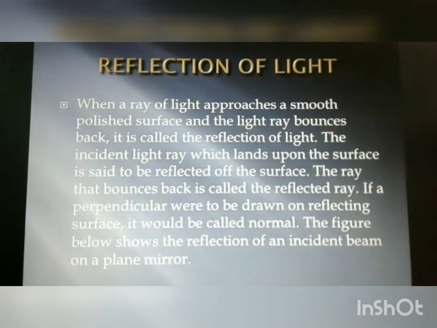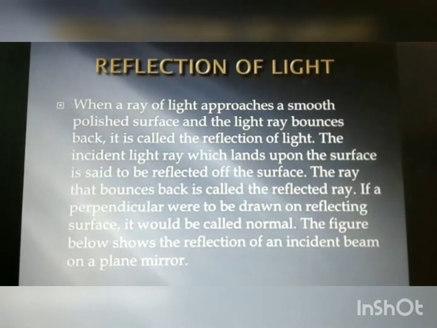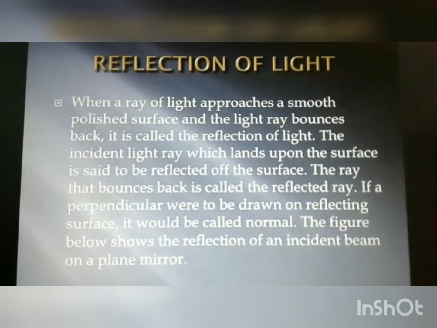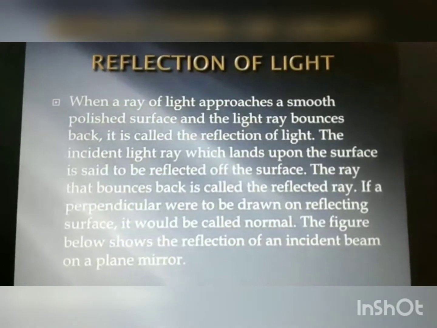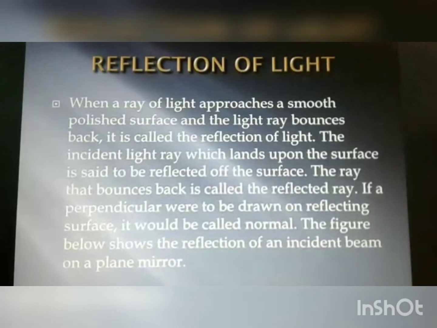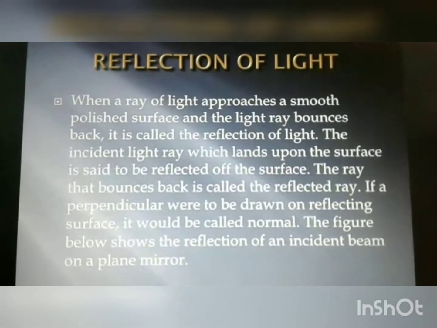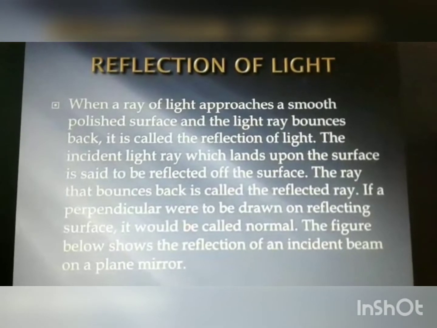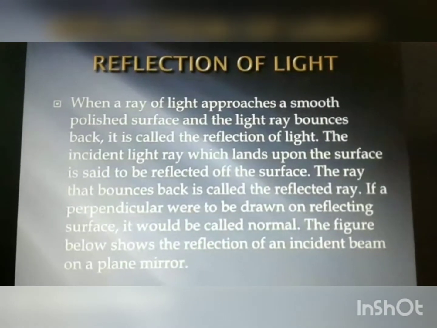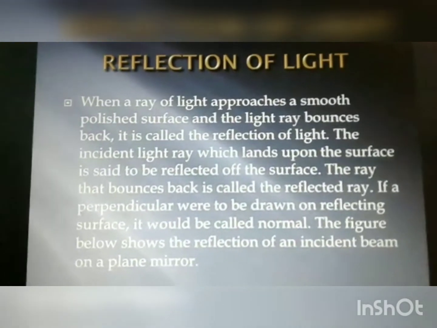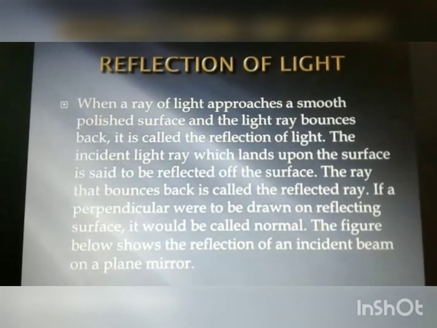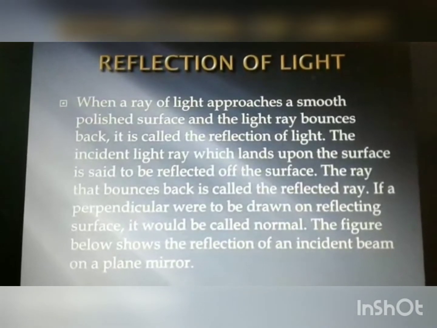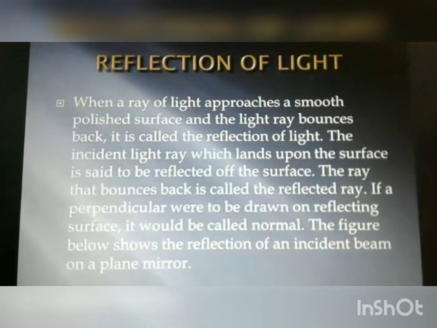Now next is reflection of light. See students, what is reflection of light? It's the phenomenon of returning the light from the surface of an object. Students, when a ray of light approaches a smooth polished surface and the light ray bounces back, it is called the reflection of light.